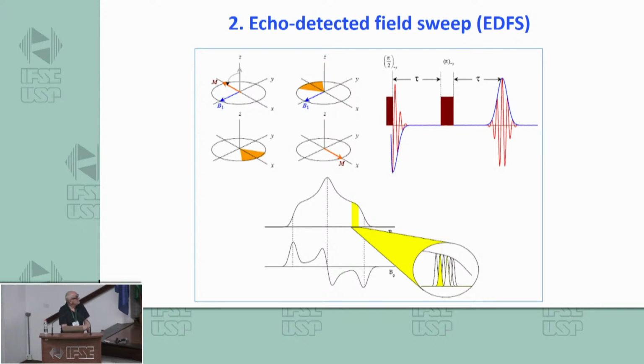So we have to do this in several steps. This is the echo-detected field sweep method, which combines the field sweep with the pulsed excitation.